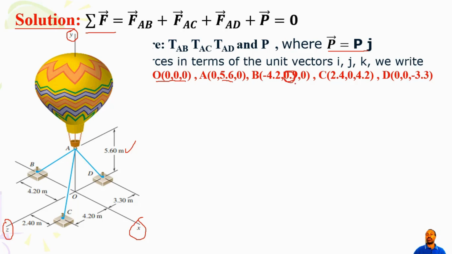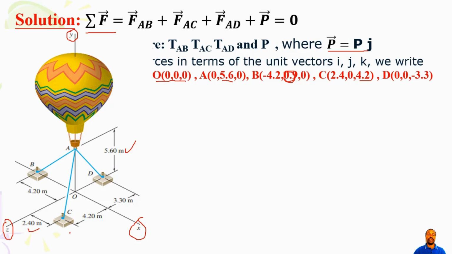Clear? And for the coordinate of C, you have 2.4 in the X direction, 0 in the Y direction, and 4.2 in the Z direction.